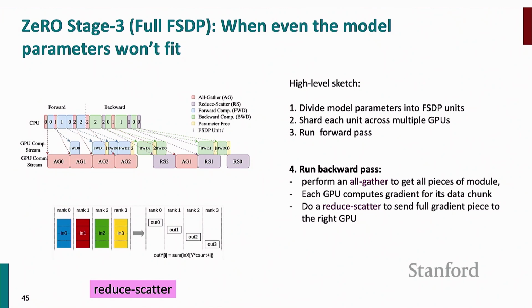At the end of getting all of the parameters for layer 1, you're going to do a forward pass, and so on. Then you're going to do AG2. And at the same time, let's say you just have way too many parameters on your GPU, so you're going to free up some memory.